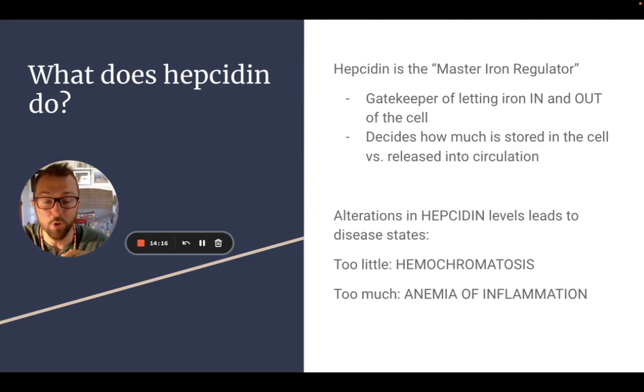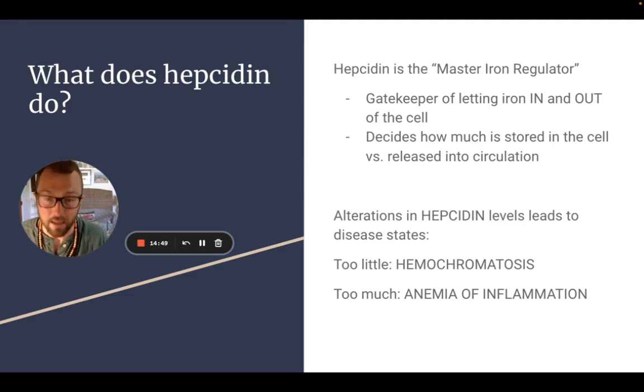Now, an important note here is that alterations in hepcidin function lead to disease states, okay? So those with hemochromatosis, which is iron overload, too much serum ferritin, too much in the blood, means that we aren't getting iron into the cell, right? So that means we have too little hepcidin. Now, on the opposite side of the spectrum, if you have too much hepcidin and you keep pulling iron into the cell, that means you don't have any in the serum, right?